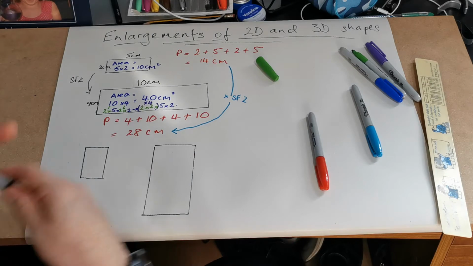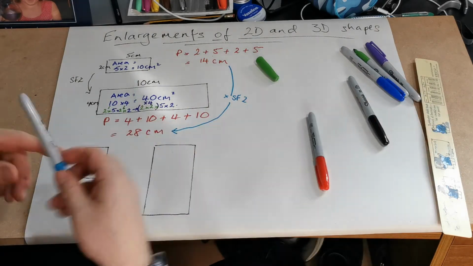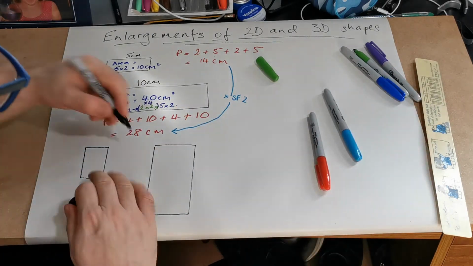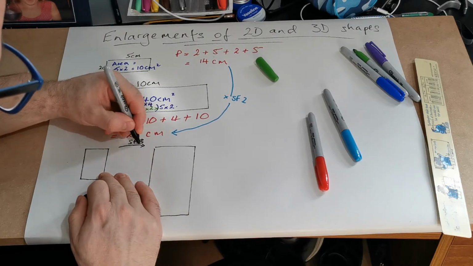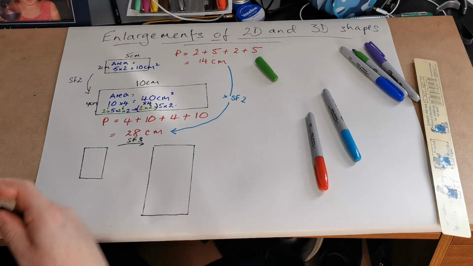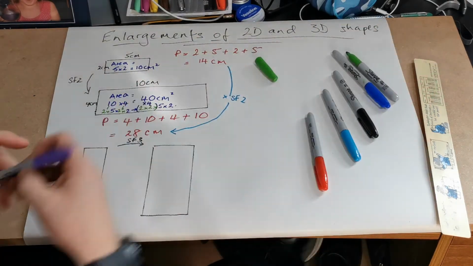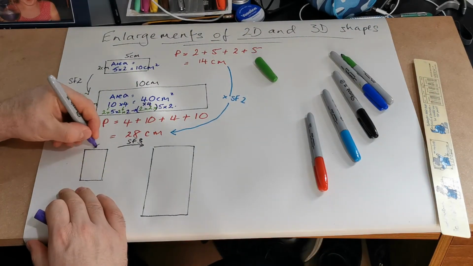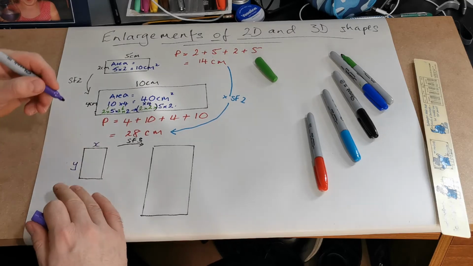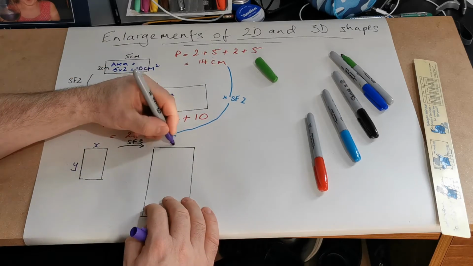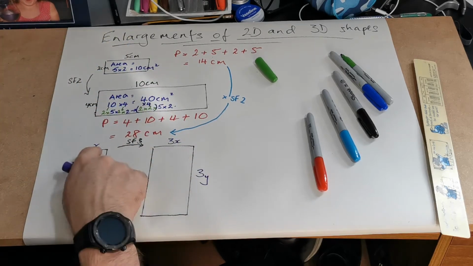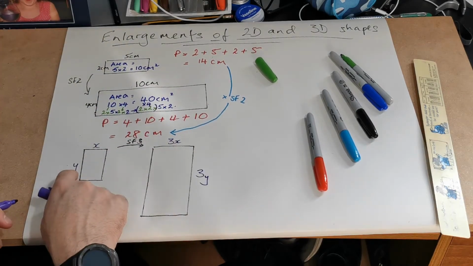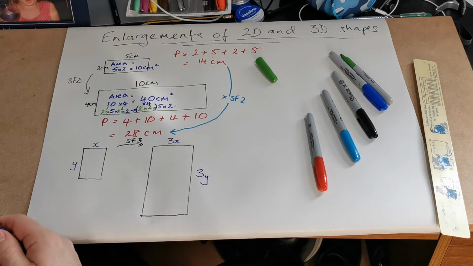If I were to enlarge by a scale factor of 3, then if this is x and this is y, then this is 3x and this is 3y, because x times 3 is 3x, y times 3 is 3y.